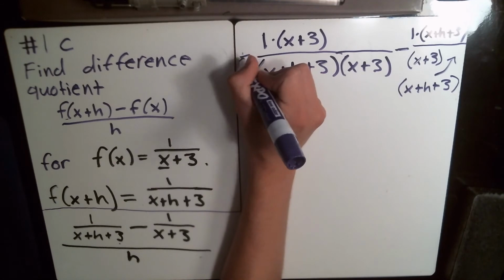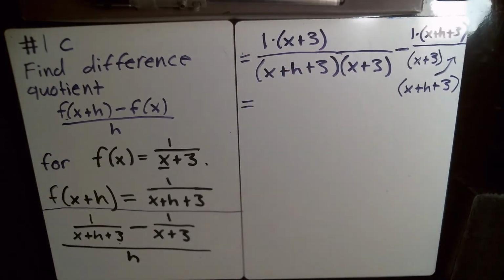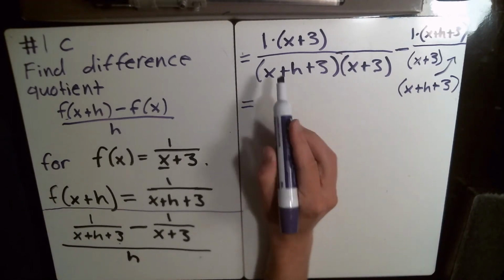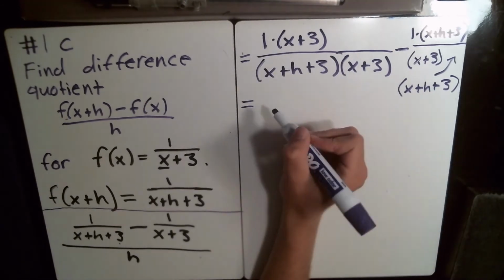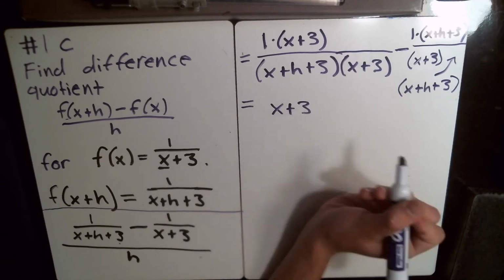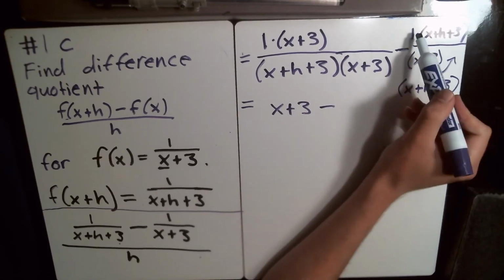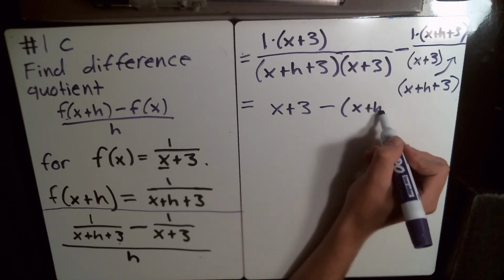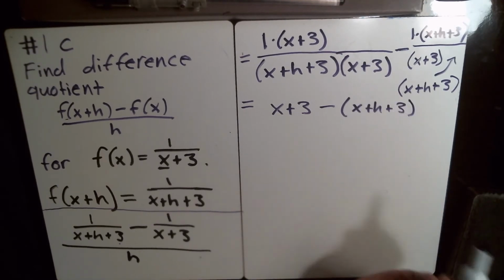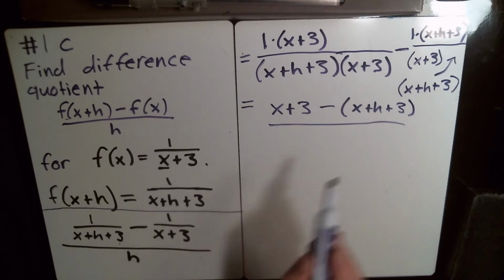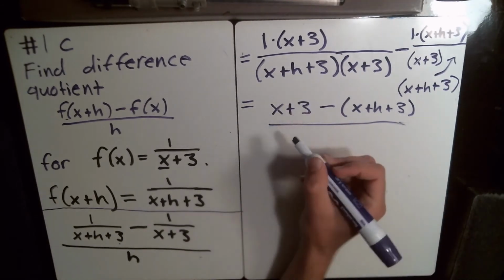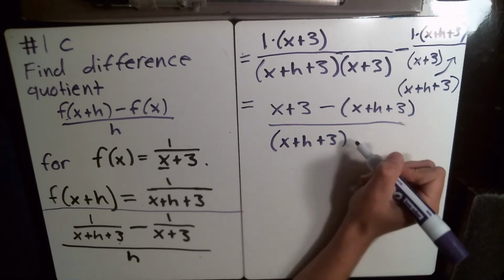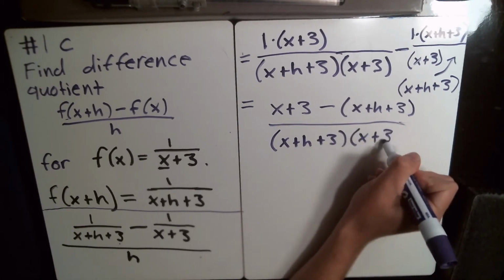We just take this minus this, so we do 1 times x plus 3, which is just x plus 3, minus 1 times x plus h plus 3, all over that same denominator, x plus h plus 3 times x plus 3.